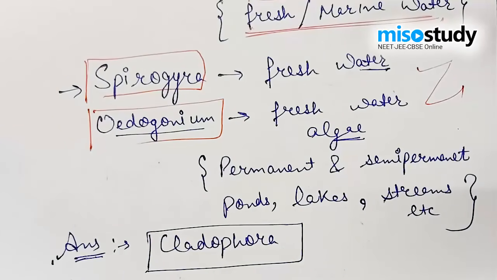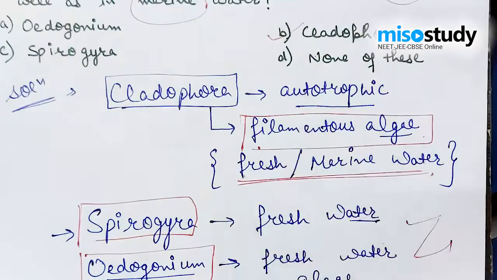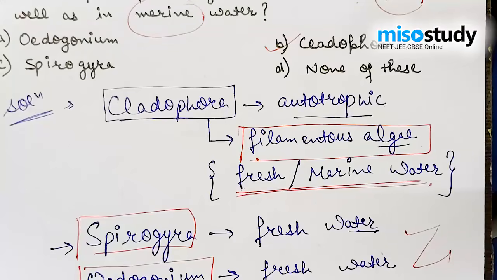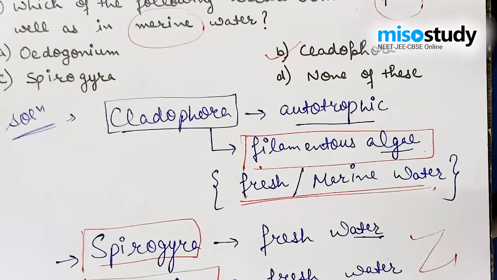Cladophora is the right answer in this case. So that is option B. So out of the species, the one that acts as both marine and fresh is Cladophora. So move on to the next question from the plant kingdom.